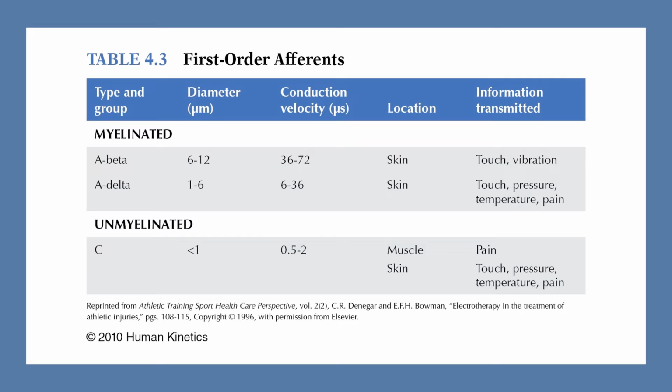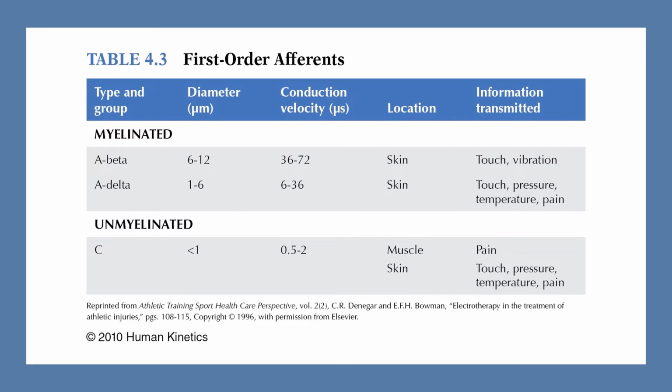So this slide here shows again A beta, A delta, and C fibers. Again, A beta and A delta are myelinated. C fibers are unmyelinated. Diameter, but most importantly, what I want you to look at here is their conduction velocity and the different speed. You can also see here what they transmit.